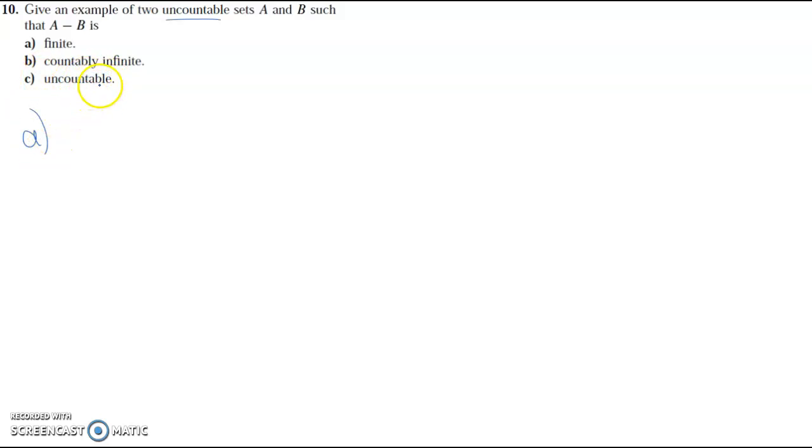You can have multiple answers for number 10, but what if we give A as the real numbers, that's uncountable, and B also has to be uncountable. So what if B is also the real numbers, but I exclude one of the numbers, just any number. Let me exclude 0. So this means it's all real numbers except 0.